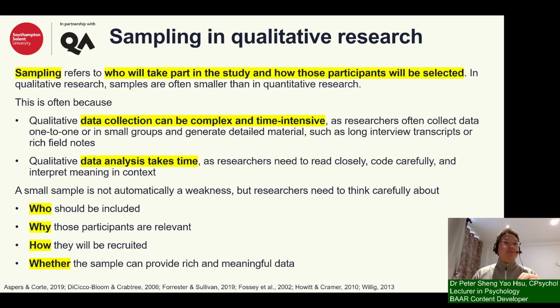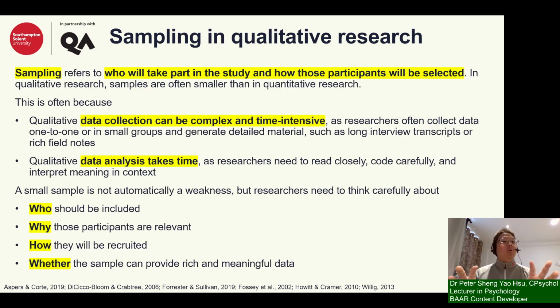Finally, researchers need to consider whether the sample can provide rich and meaningful data. In qualitative research, richness can be more important than size. A smaller number of detailed, relevant interviews may be more useful than a large number of very brief or superficial responses.